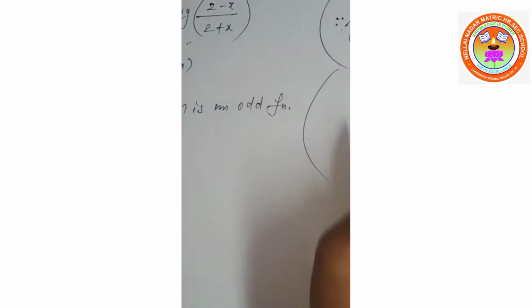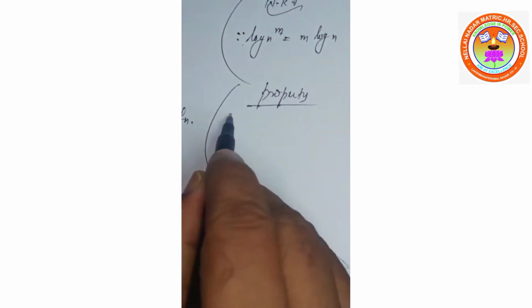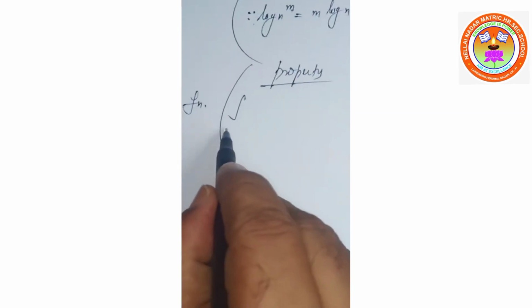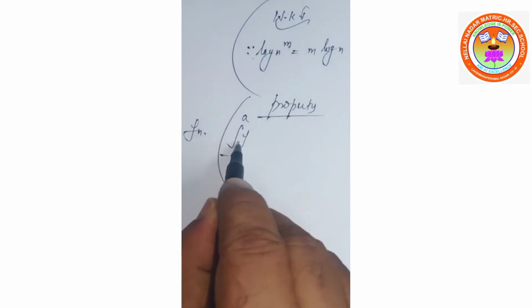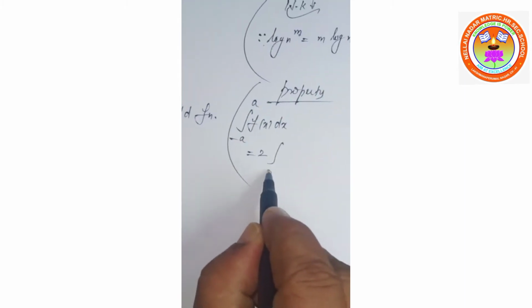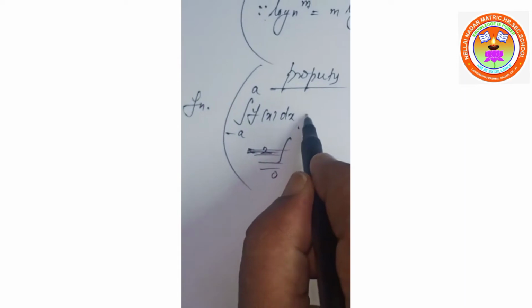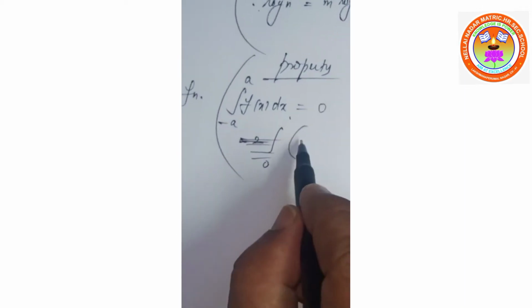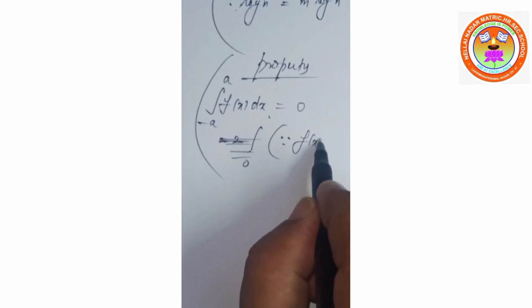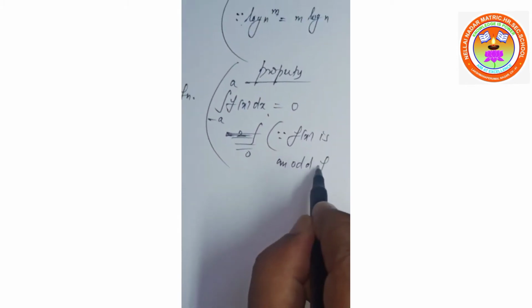So what is the property? I write the property here. Integral minus a to a f of x dx equals 2 times integral 0 to a, is equal to 0, since f of x is an odd function.